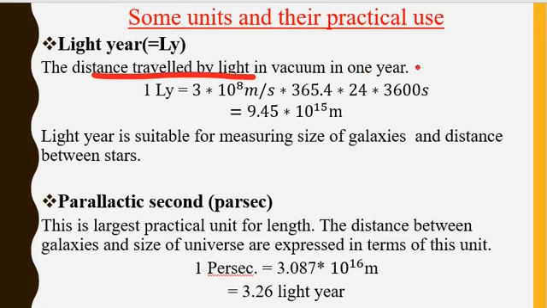Time is 1 year, velocity is 3 into 10 to the power 8 meter per second for light in vacuum, and time is 365 days in 1 year, therefore 365 into 24 hours into 60 into 60 seconds. So 1 light year equals 9.45 into 10 to the power 15 meter.